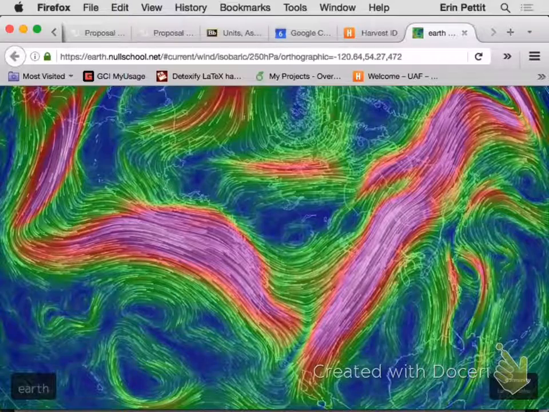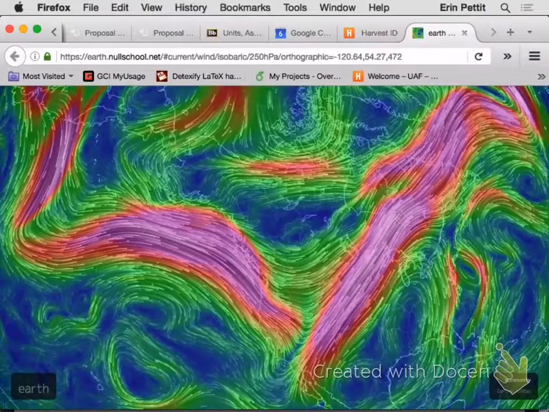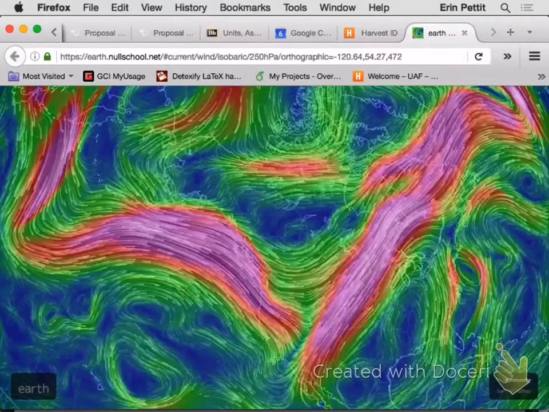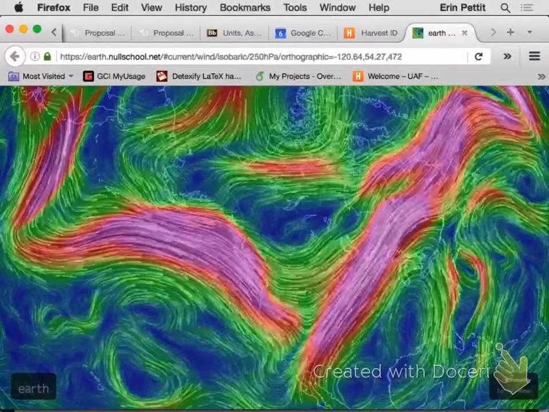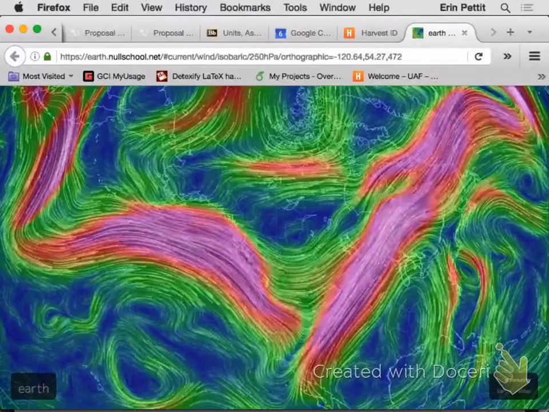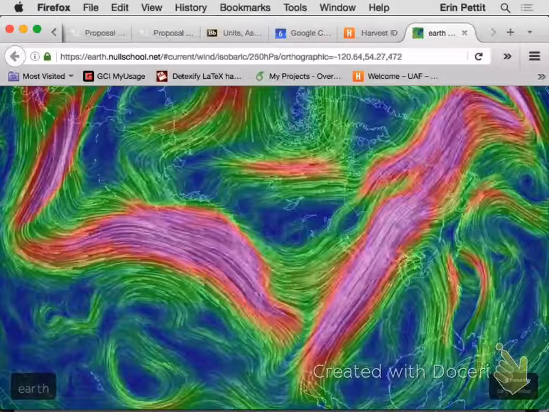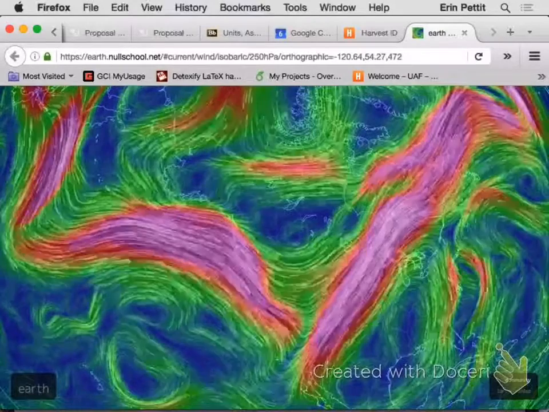This is air, but the same ideas apply to water, which is incompressible. But just the patterns that you get, eddies forming, motion patterns, all of these things fit within the same ideas of what we're going to be looking at in terms of conservation of mass, conservation of momentum, and conservation of energy.